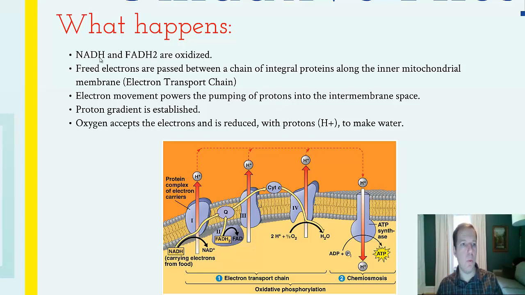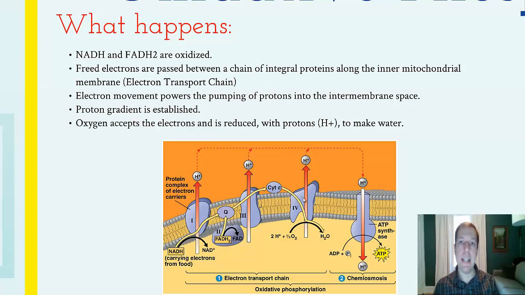In this process, what we're doing is that we are oxidizing NADH and FADH2. So again, this is the opposite process to what was happening earlier. Before we were creating these by reduction reactions, now the electrons themselves are going to be removed from these temporary electron carriers, and those electrons are now going to be passed between a series of bound integral membrane proteins, which are located on the inner mitochondrial membrane.